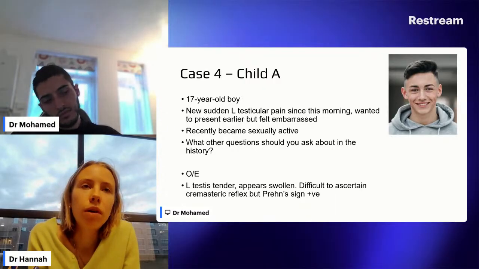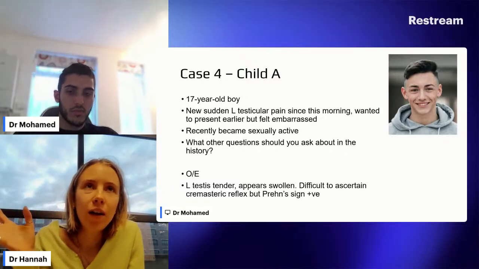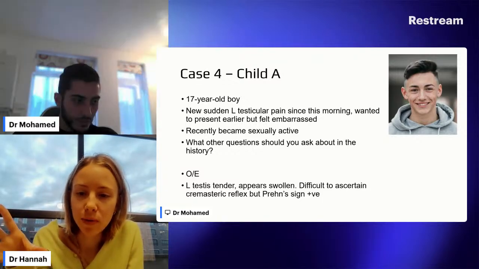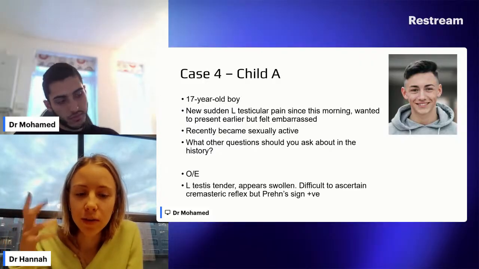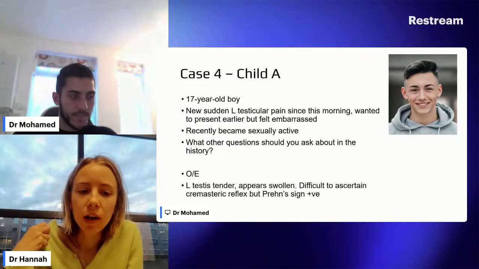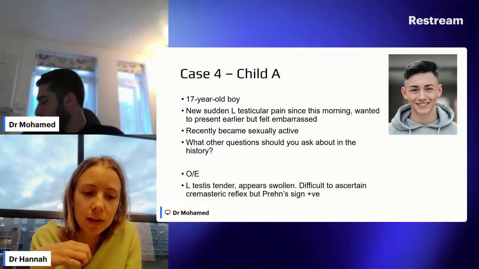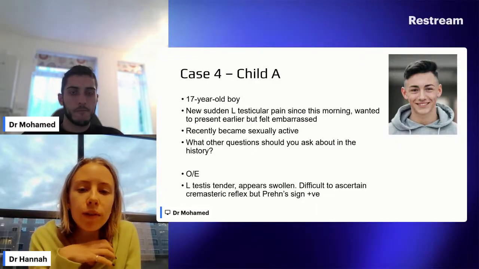So what I would ask about is, because obviously, as from our session yesterday, in the back of your mind, you always want to be considering torsion. So someone said dig more into the characteristics of the pain. Is it unilateral? Is it bilateral?